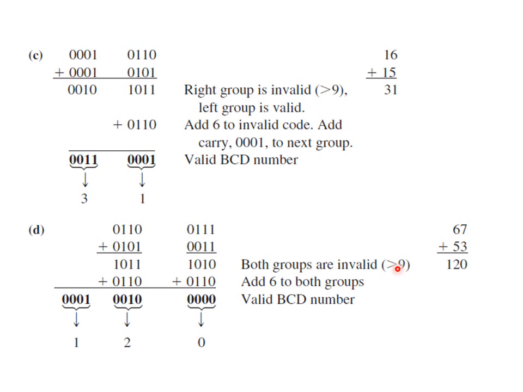Both groups are invalid, since this is greater than 9 and this is also greater than 9. So in both cases, 6 is added. Now perform the simple binary addition, and after adding 1010 and 0110, it becomes 0000, and the carry is forwarded to the next part, and it becomes 0010, and next the carry is forwarded, that is 0011. Ultimately this becomes 1, 2 and 0, which is a valid BCD number.